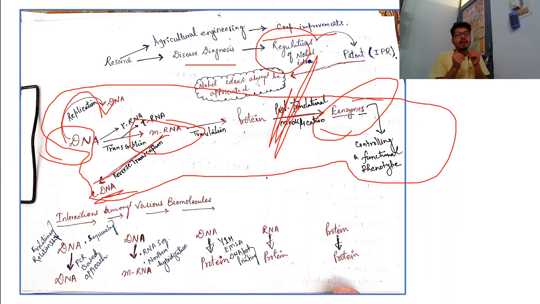So now this is all about research problems and how molecular biology is limited to these fields. Now we will try to understand these various molecules, how they interact with each other, and what technique is going to be employed. DNA can interact with DNA, DNA with RNA, DNA with protein, RNA with protein, protein with protein, and carbohydrate can interact with these molecules also.